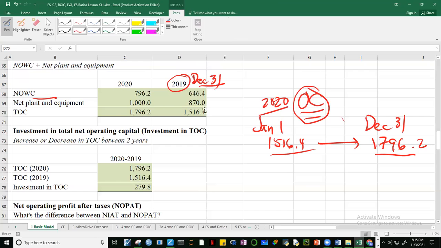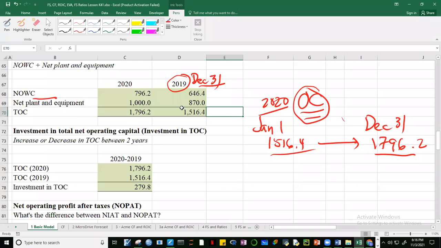That means that management has really been pouring their money, investing in their operating capital, which is good, because this means that the company most probably has this sentiment that sales will increase or that the market will expand. So they're preparing themselves.